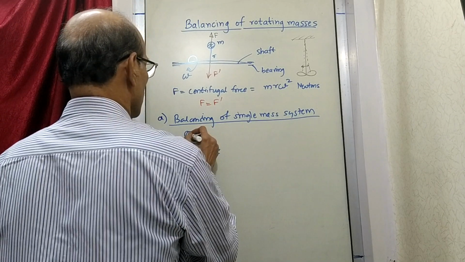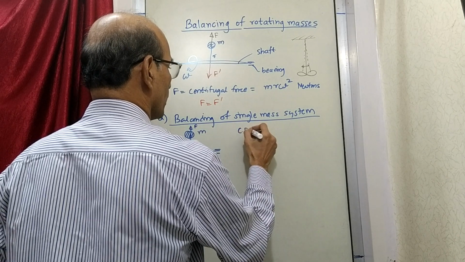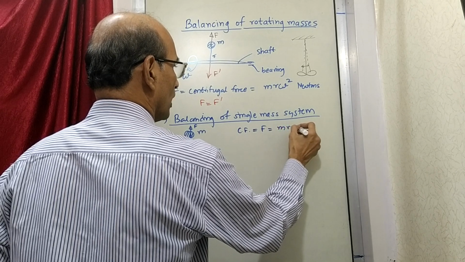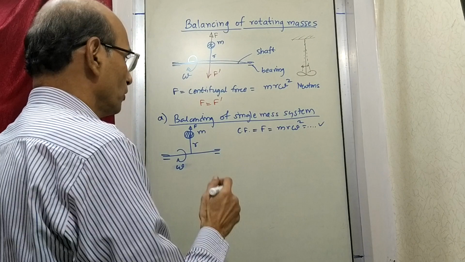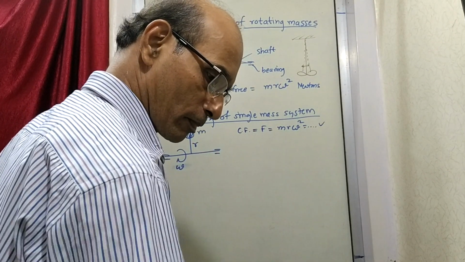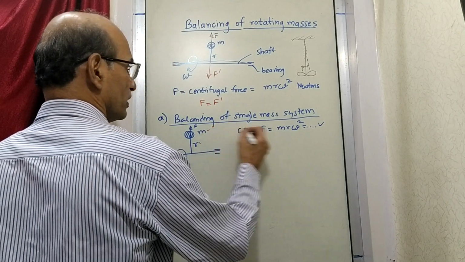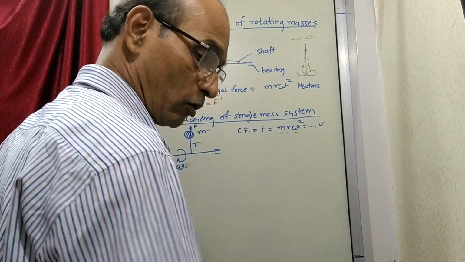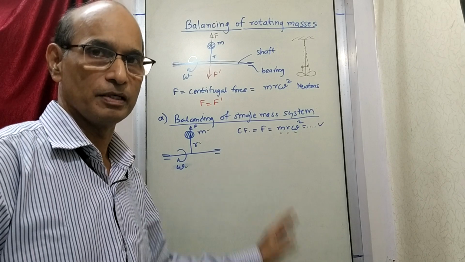First thing is, let us try to find out the centrifugal force F. So centrifugal force F is equal to m r omega square, whose value you can find out because m, r and omega are all given. So you can find out the centrifugal force that is acting on the shaft in the unbalanced condition.